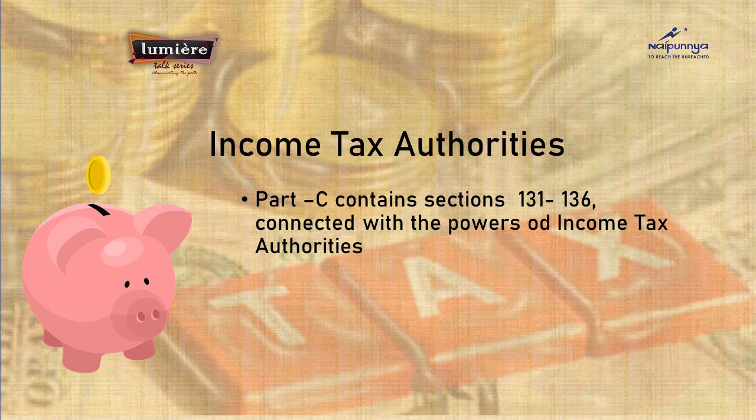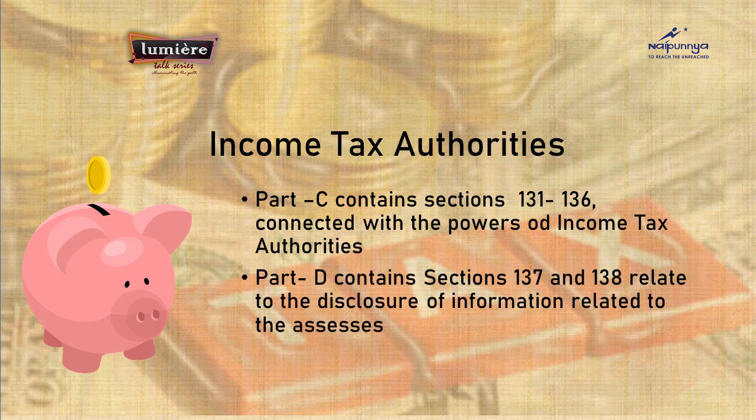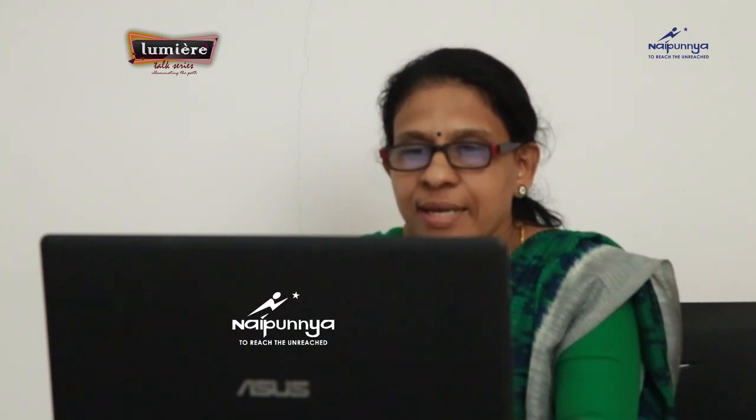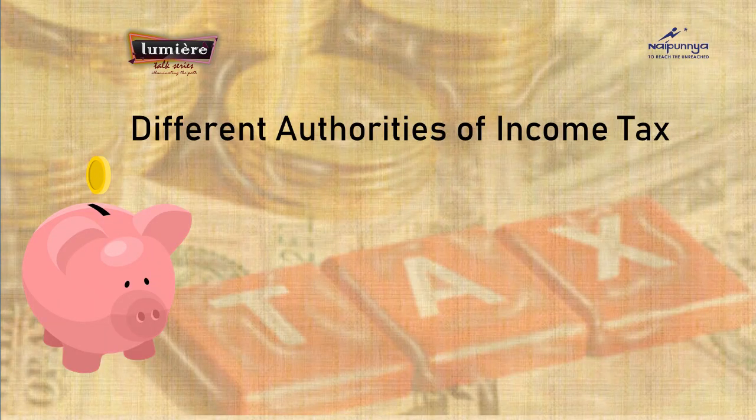Part D contains sections 137 and 138, which relate to the disclosure of information related to different assessees. If the authorities want to disclose some information related to the assessee, they use sections 137 and 138. Now we can see the different authorities of income tax.